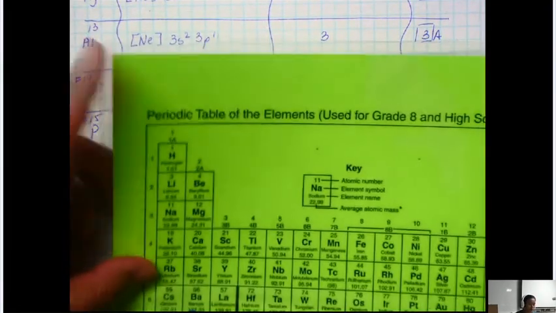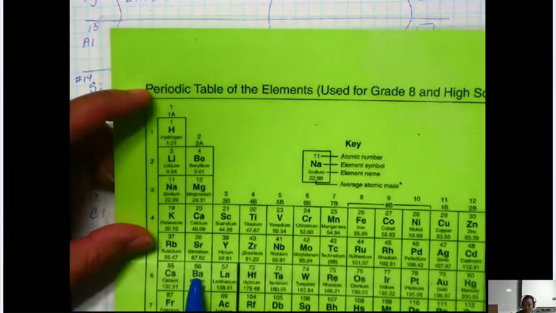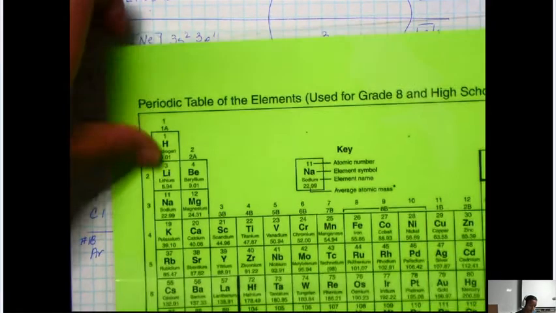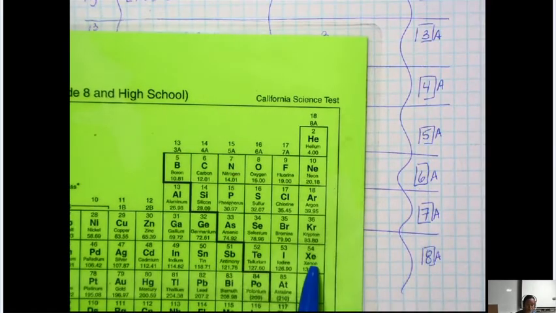What about barium? Barium is right here. How many valence electrons? Go to the top. 2, be careful. Barium's right here. 2. All right, what about xenon? How many valence electrons?